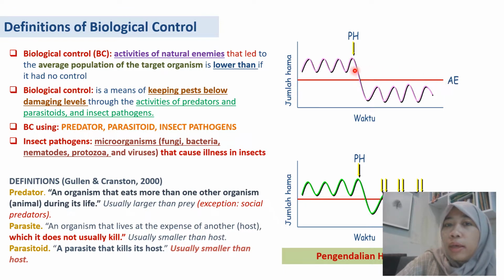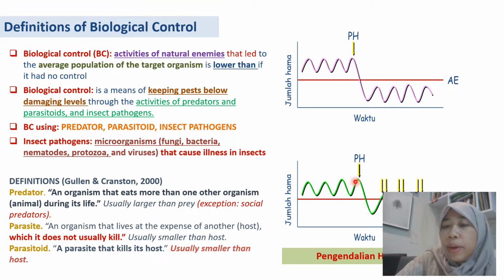So we use biological agent to minimize the population of the pest. Like in the pictures, this green one is by the biological agent. The impact of biological agent.